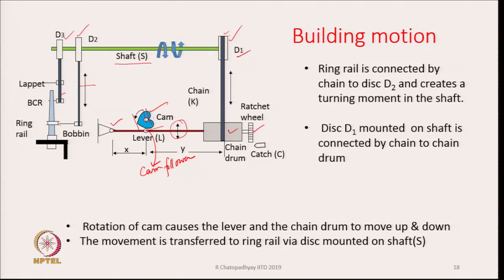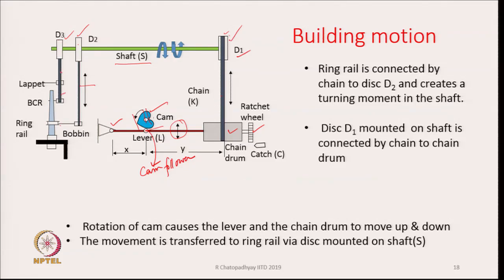This is transmitted through the shaft S to two different drums or pulleys called D2 and D3. D2 is in turn connected to the ring rail. Therefore, as it rotates, the chain will cause the ring rail to move up and down in sympathy.